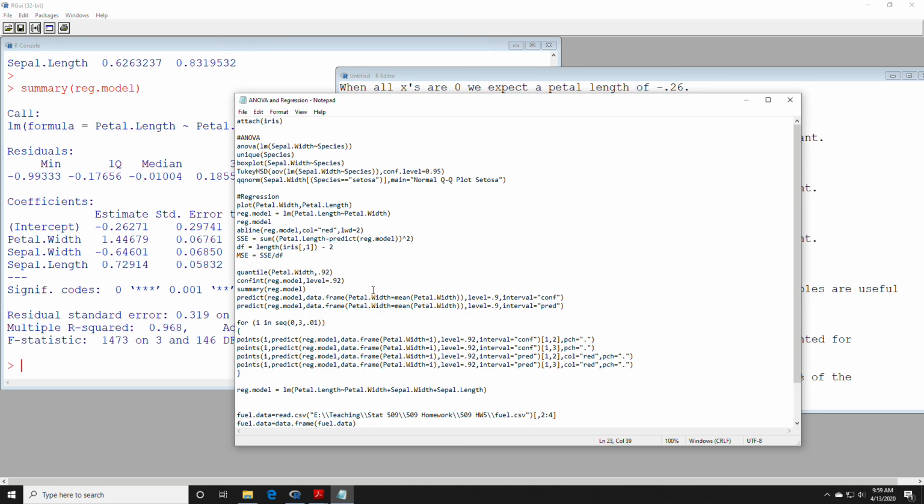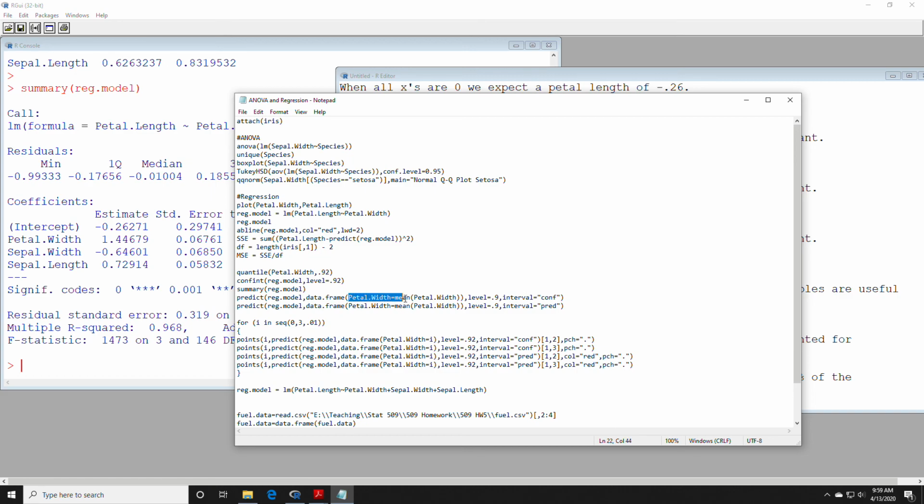You would have to put petal width is equal to something, some value of interest, comma, sepal width is equal to something, comma, sepal length is equal to something. Then it would give you either a confidence interval or prediction interval for the petal length for a flower which has x1 equal to something, x2 equal to something, x3 equal to something.